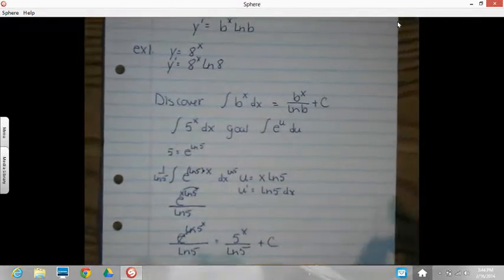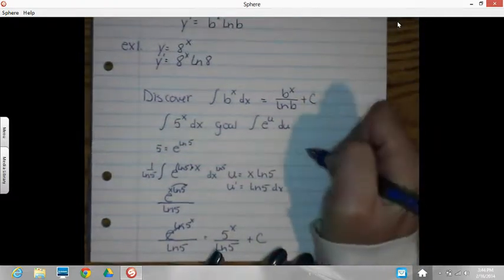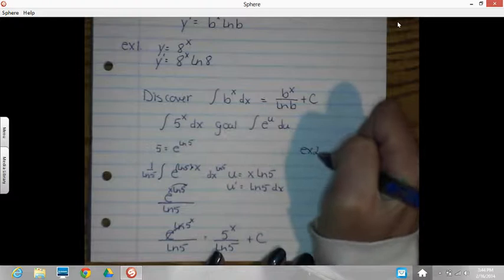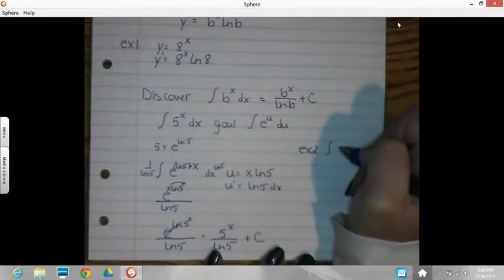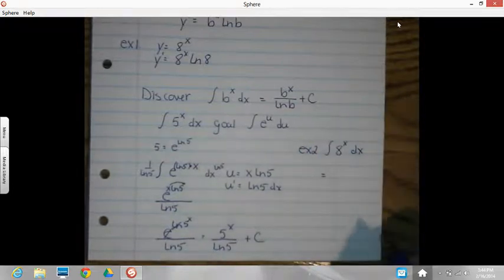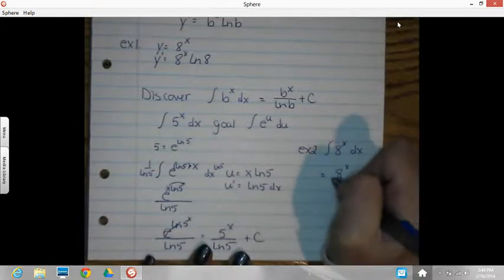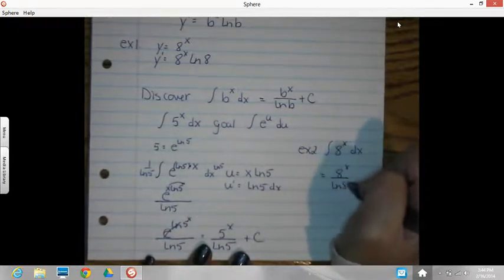Okay, so if I want to run a quick example here, the integral of 8 to the x dx fits that form. I know it's going to be itself divided by natural log of 8 plus c.